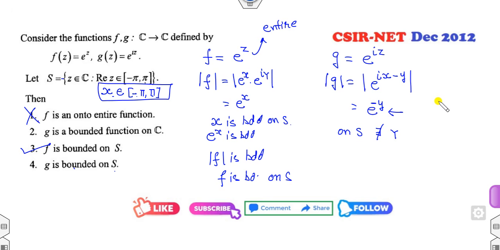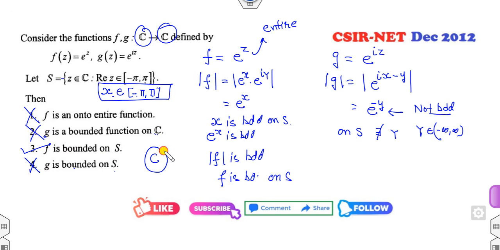No, it is not bounded, because y is from minus infinity to plus infinity. So this is not bounded on S. g is not bounded on C as well because there is no restriction. So C is the only right answer of this problem.